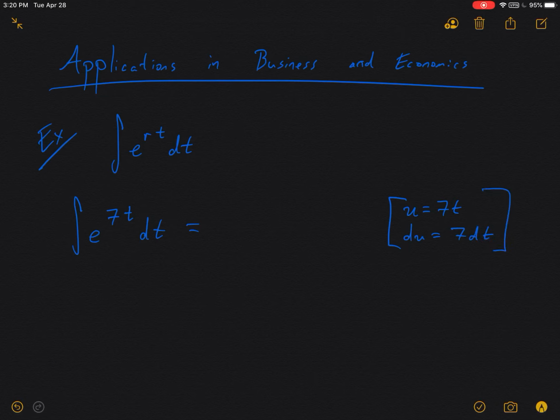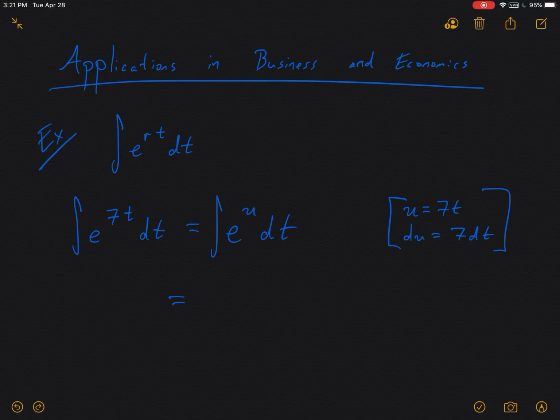Remember that in a u substitution, we're trying to take the original integral and rewrite it exclusively in terms of u and du. So this first part I could write as e to the u dt. We're not done because this integral still needs to be written in terms of just u. So I could solve this equation for dt.